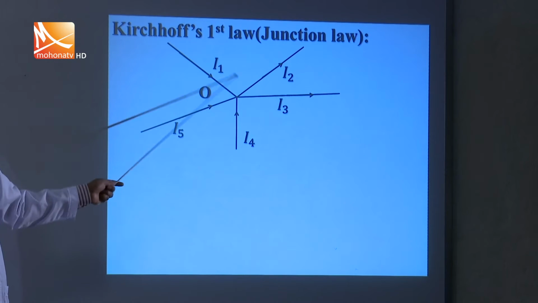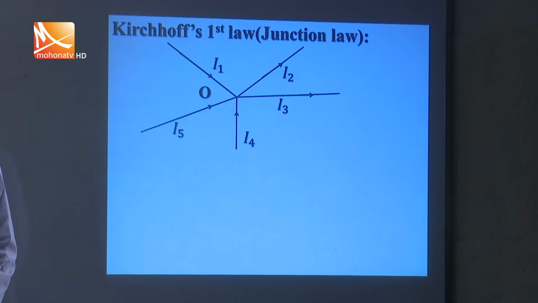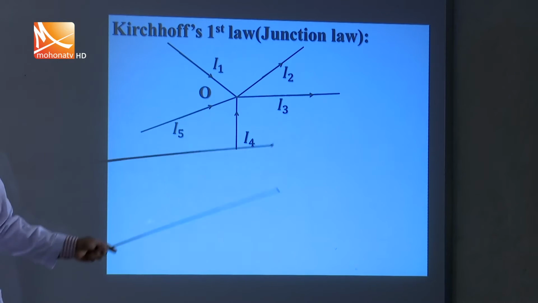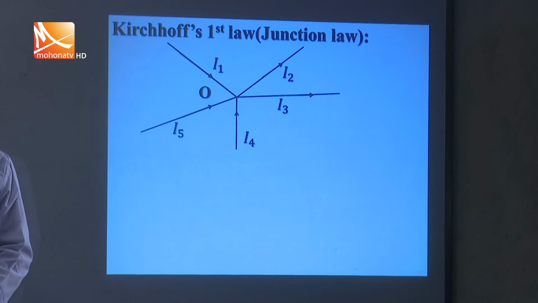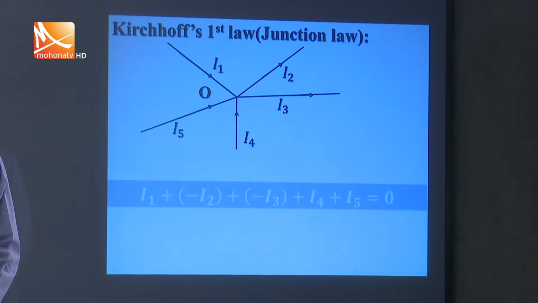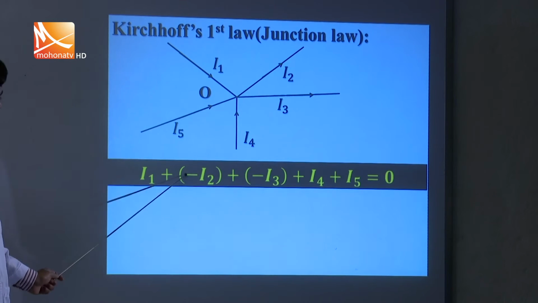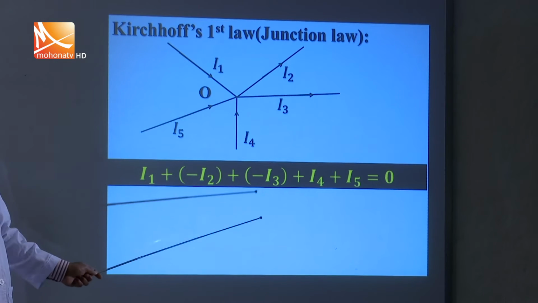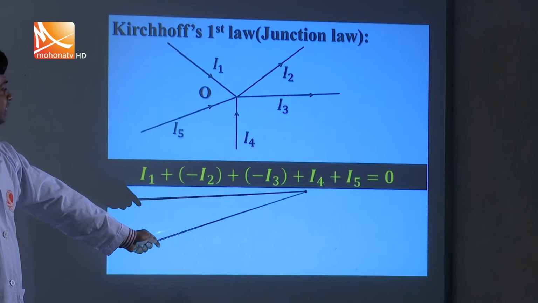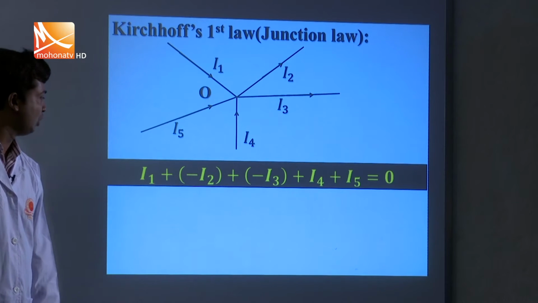So, what will be the total current at this junction? Will any current be produced at this junction, or will this junction act as a depositor? No. The total current of this junction, that is, the algebraic sum ±I1 ±I2 ±I3 ±I4 ±I5 equals 0.